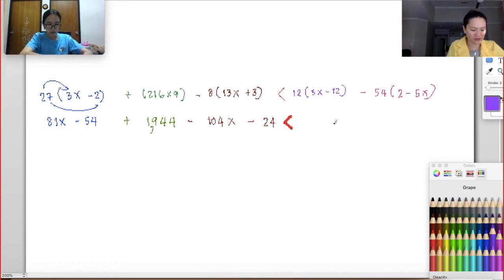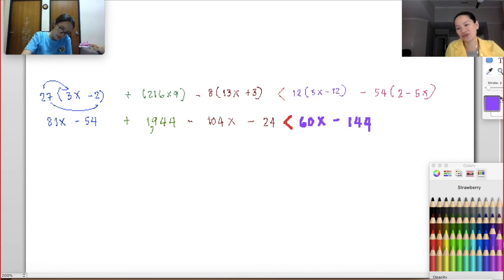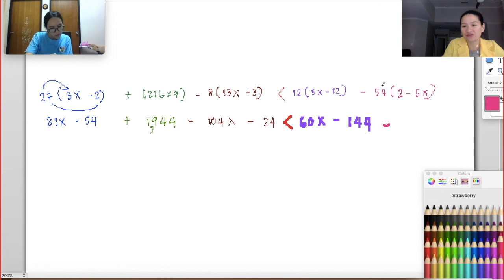12 multiplied with 5x is 60x, minus 12 multiplied with 12, 144, and then you minus 54 multiplied with 2, 108.